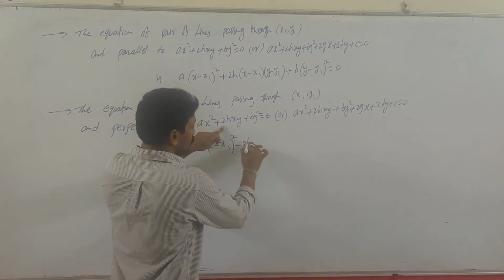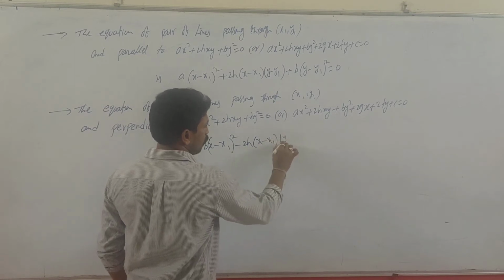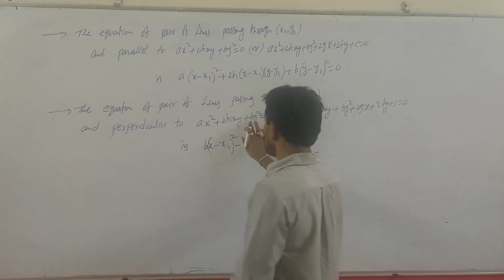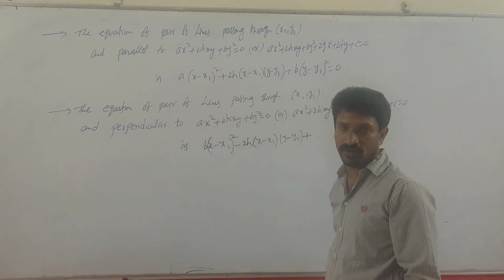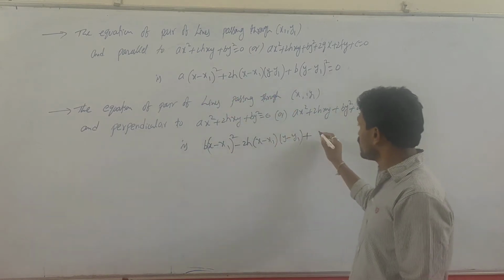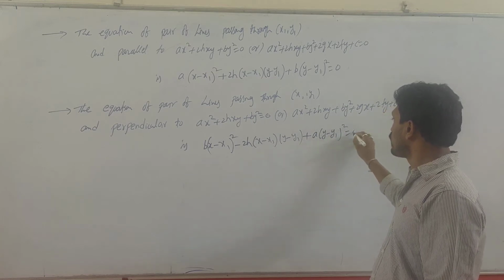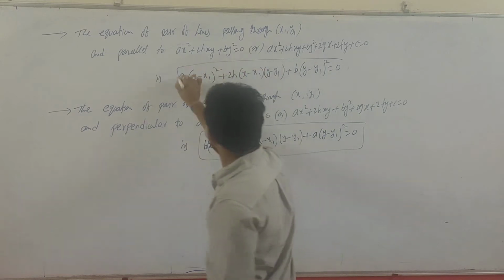Here you write −2h, same (x − x1)(y − y1), plus here you write a, just these two interchanged, and in between write minus. That is nothing but a(y − y1)² = 0. This is the formula.